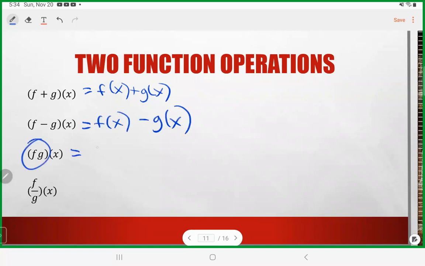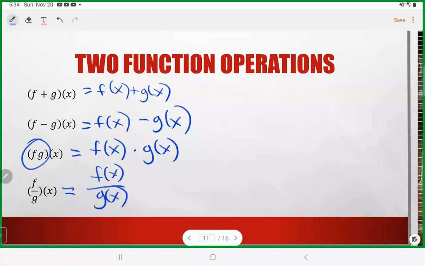Basically it's f of x times g of x. Great. Now how about f of x divided by g of x? Any restrictions? Yeah, g of x cannot be 0. Great. That is the only restriction in all of these.